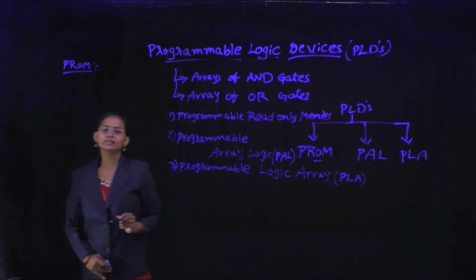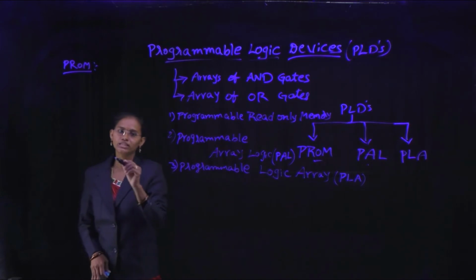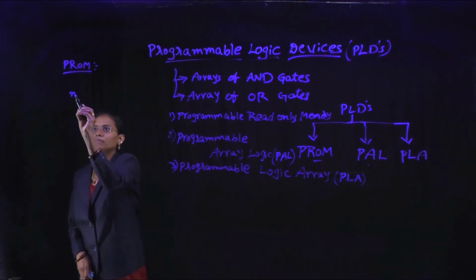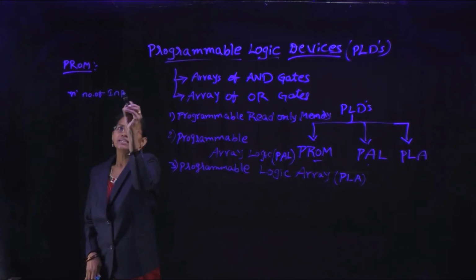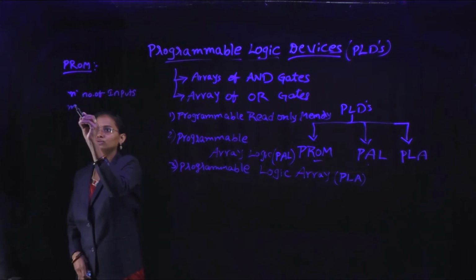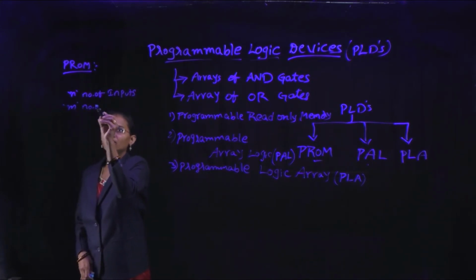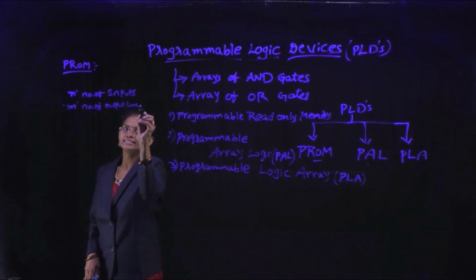first we draw the block diagram of PROM. Here we are using 2 power n number of input lines, inputs, and produces m number of output lines.